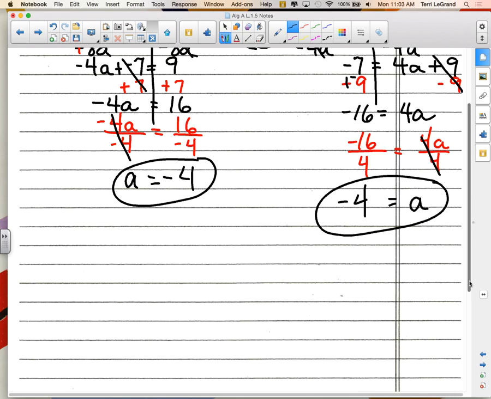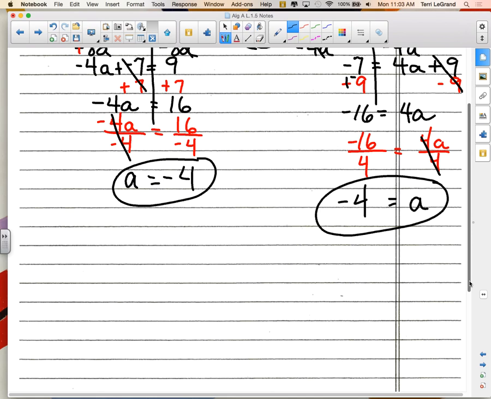So let's just do a quick run through of what we're going to look for. If there are variable terms on both sides, what's the next thing we're going to look for before we decide which side we should get rid of the variable term on? What else do we want to look for besides variable terms on both sides? Go back and look at the second problem for practice.